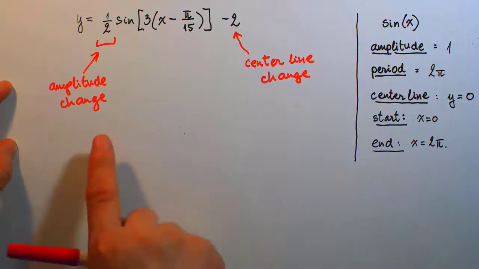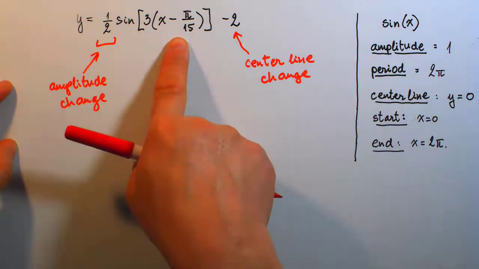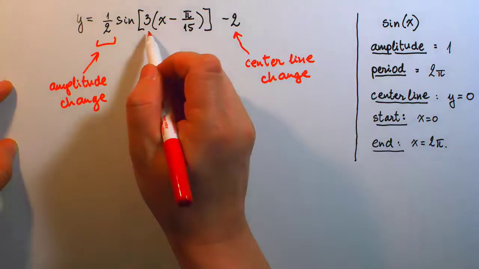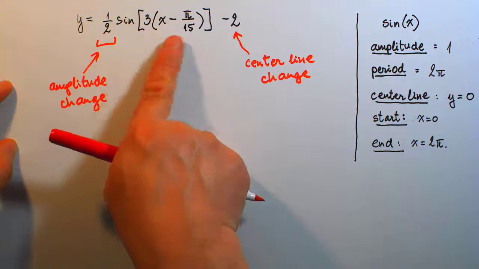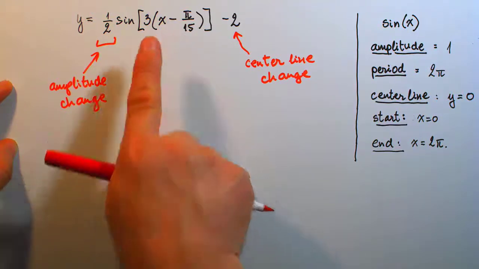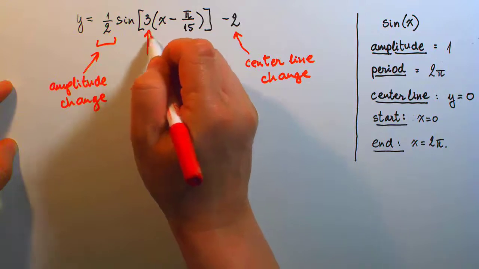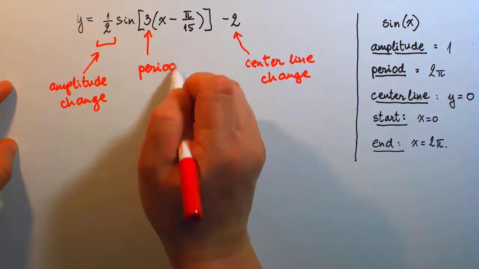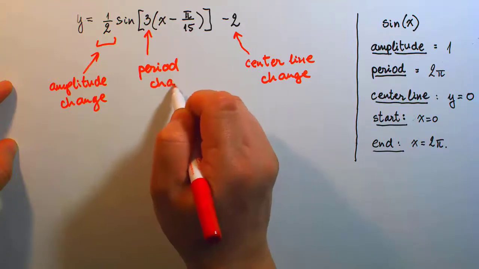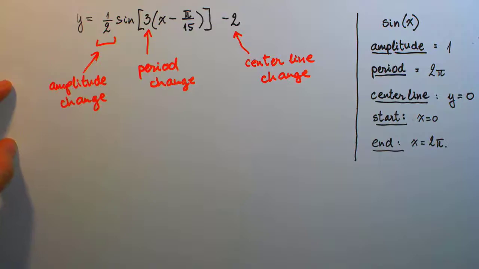Now considering the inside of our sine function, where we spent some time factoring out the inside linear expression, this coefficient 3 is responsible for the period change. That coefficient is going to change our period amount.